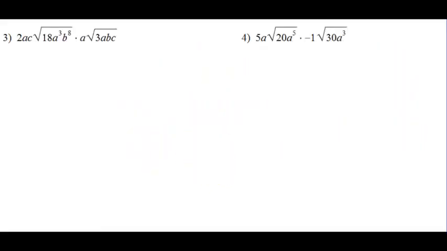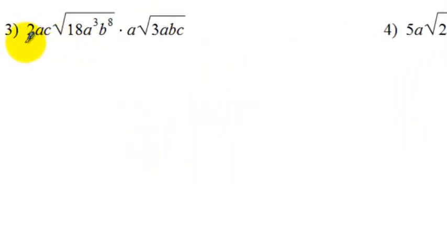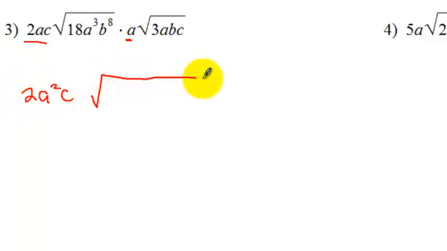Okay, let's solve example number 3. Again, multiply our coefficients. 2ac times a will get 2a squared c, and then multiply our radicands. So I have here 18 times 3, and then we have a cubed and a, that's a4, and then b8 times b, that's b9, and then I have the variable c here.